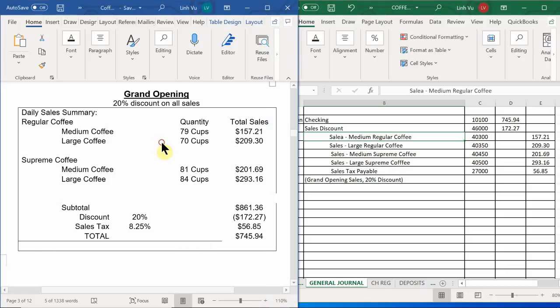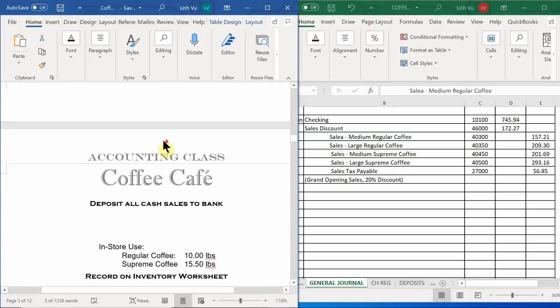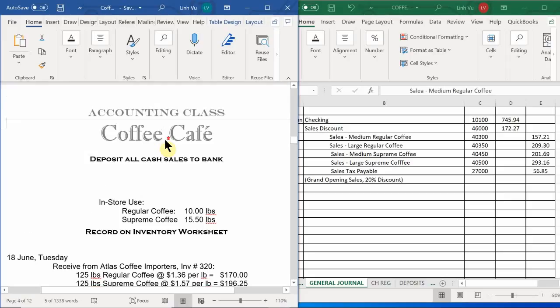All right, so the next thing that I have here is that for making the coffee to sell all of those amounts, we used in-store regular coffee. We used 10 pounds, and for Supreme coffee, we used 15.5 pounds. Now, why are we only using the coffee here?